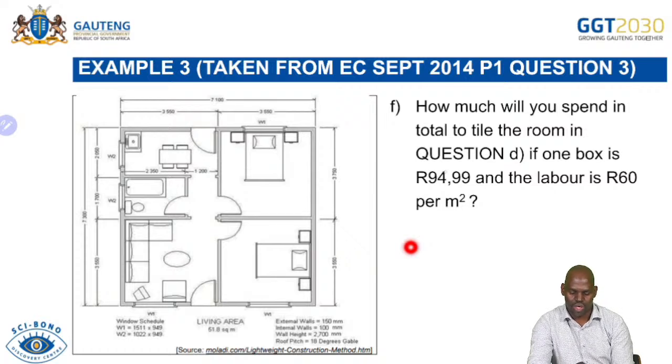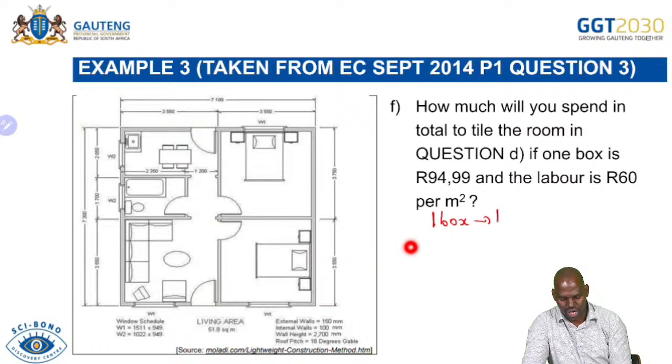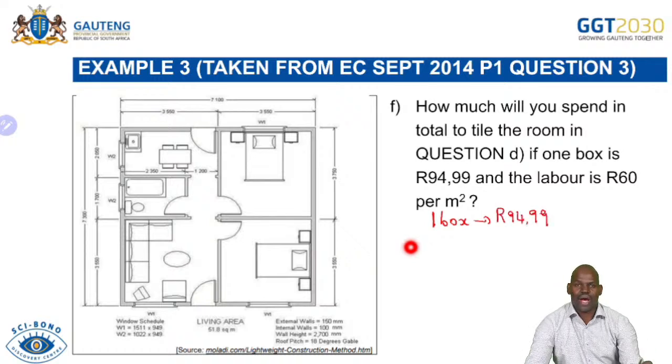So for this one, we're going to work on the estimate because this is just the information that we have. We'll look at the number of tiles and we'll also look at the cost of labor. We calculated the number of boxes, which we said is 12. One box will cost 94.99, but we need 12 boxes.